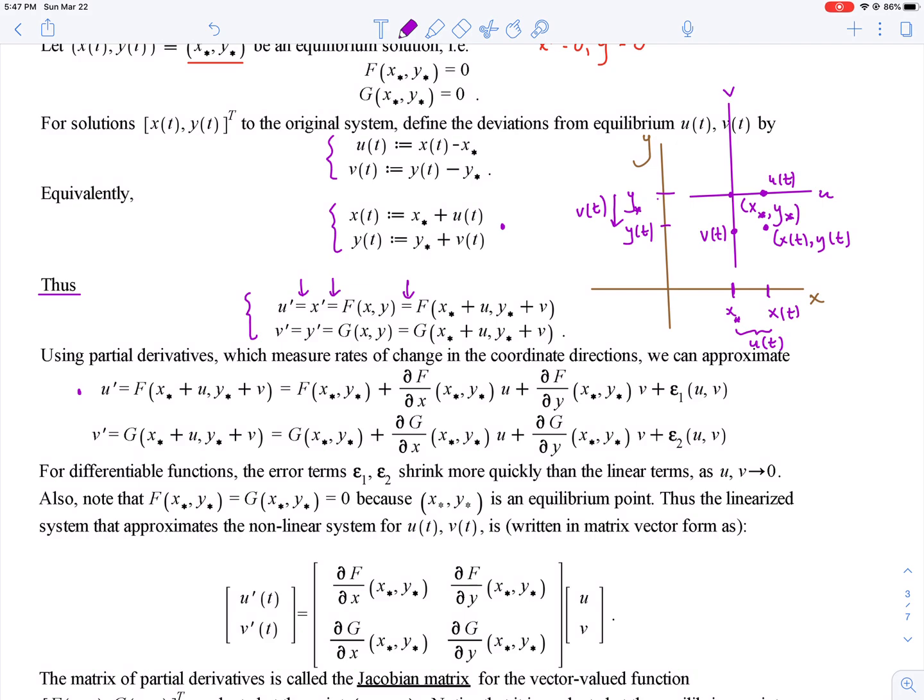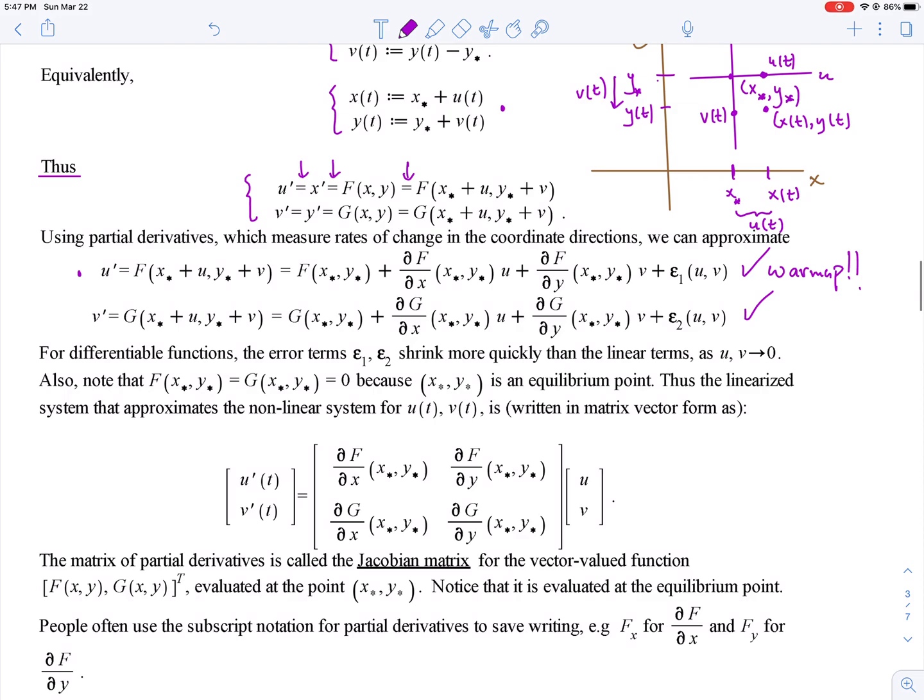And now we use the tangent approximation from the warm-up exercise to write that as f at the base point, x star, y star, plus how fast f is changing in the x direction times the change in the x direction, which is u, plus how fast f is changing in the y direction times the change in the y direction, which is v, plus the error term. And we do the same thing for v prime.